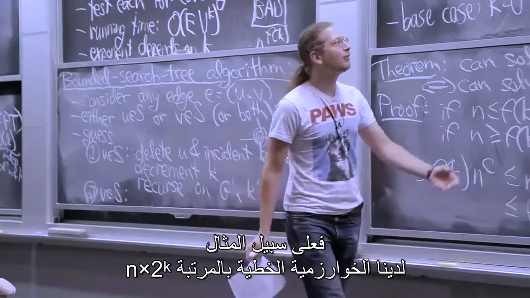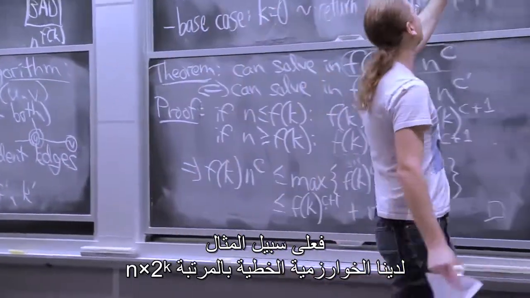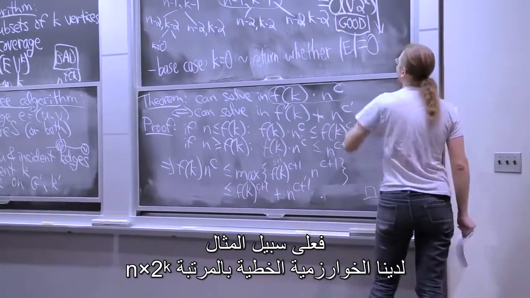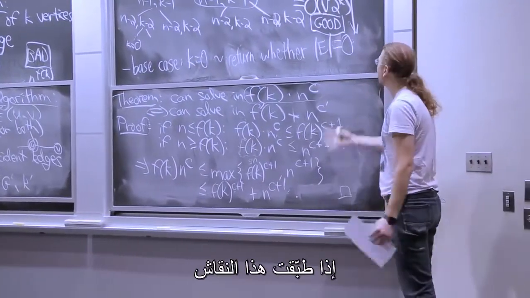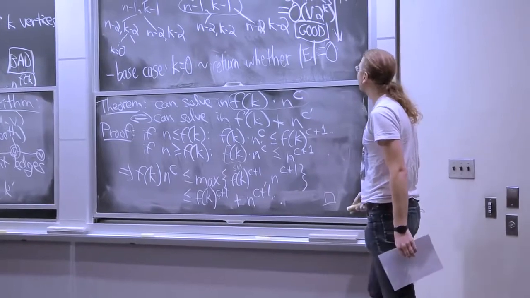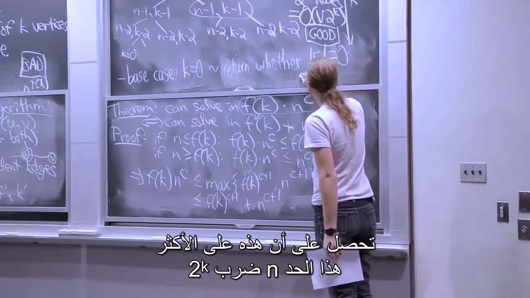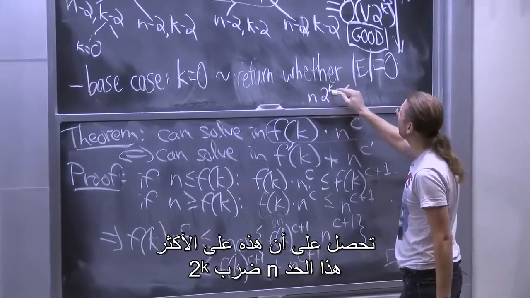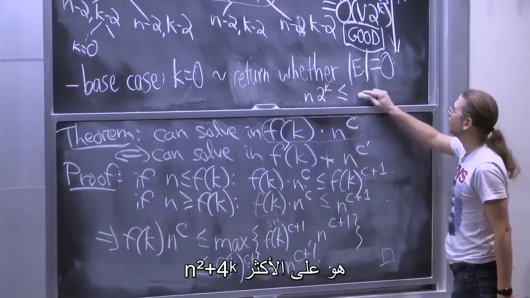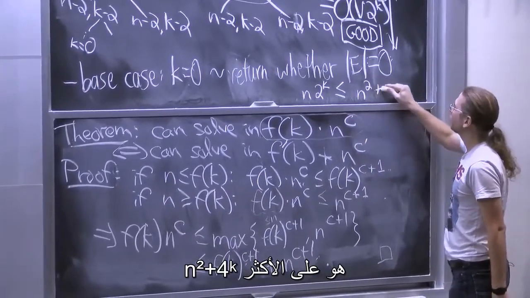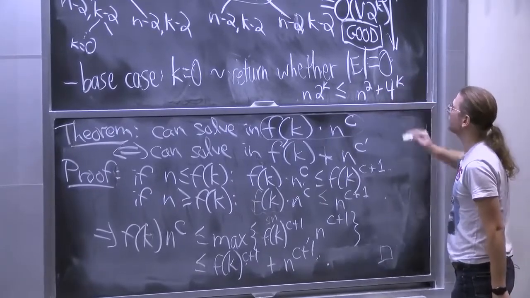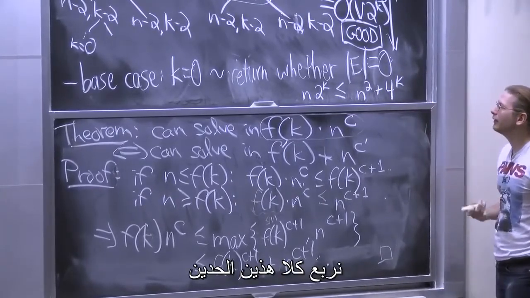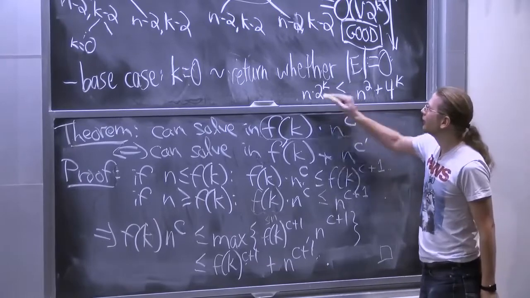So for example, we have this linear, basically n times 2 to the k algorithm. If you apply this argument, you get that this n times 2 to the k bound is at most, what, n squared plus 4 to the k? Okay, I'm basically just squaring both of the terms.